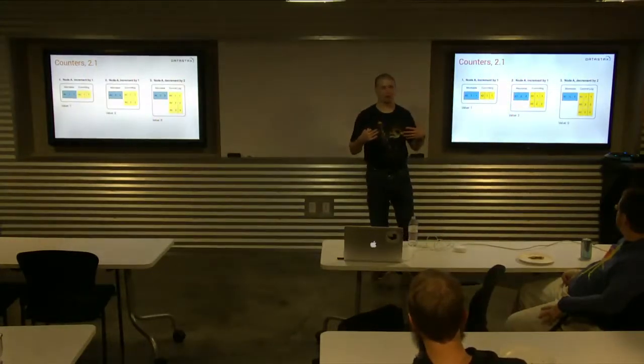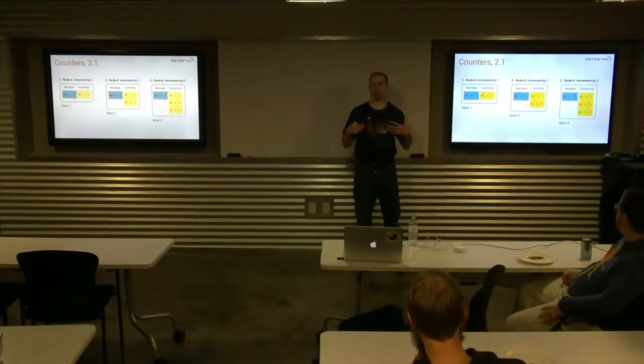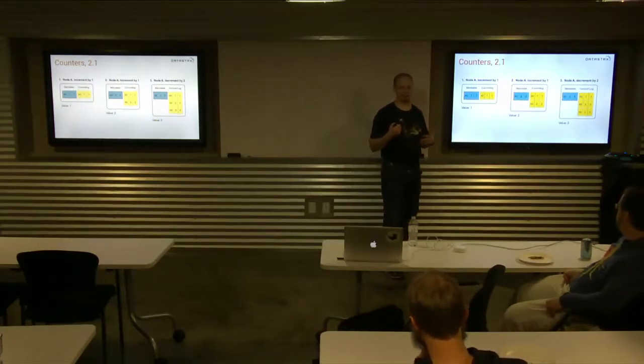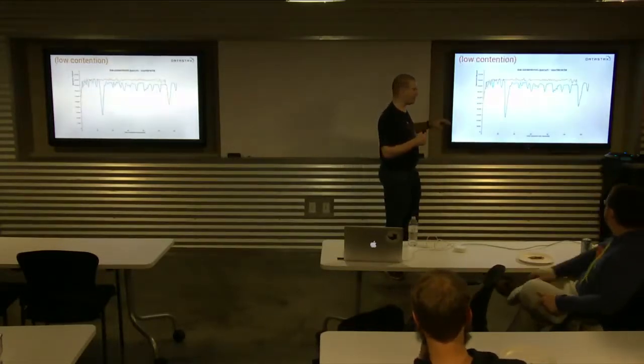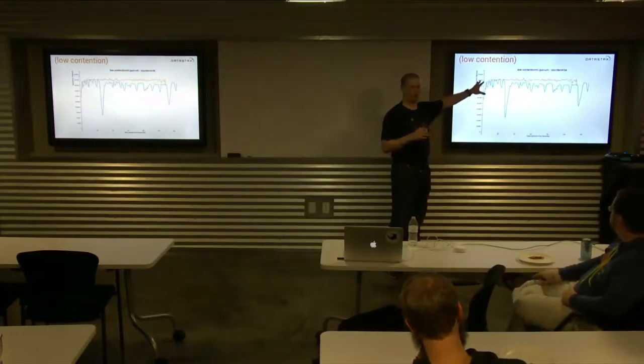But we didn't want to give up performance, because that's a crappy story to tell people, that counters will never corrupt your data, but the performance got a lot worse. So we put a lot of effort into keeping the performance high.